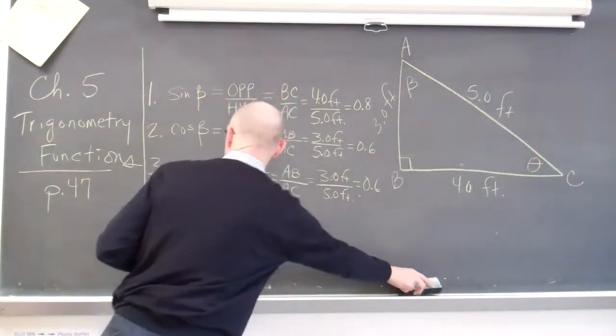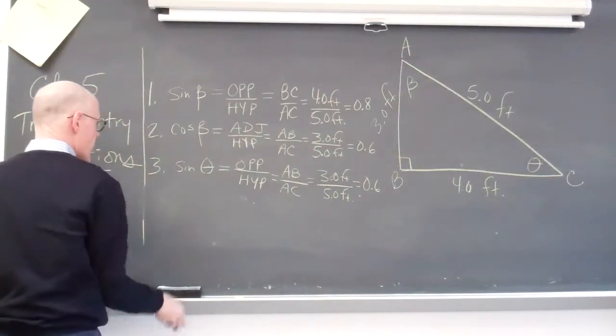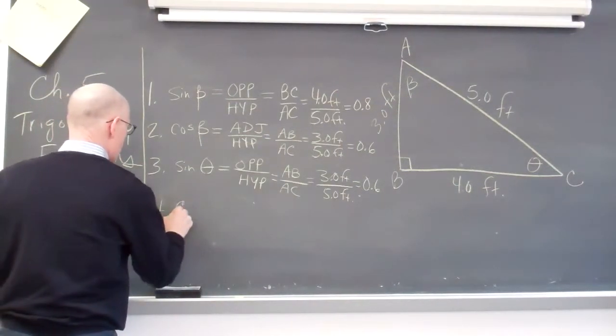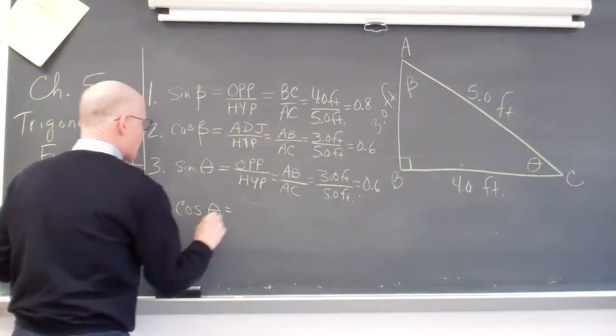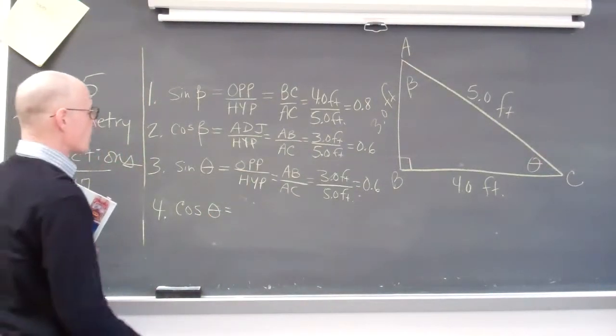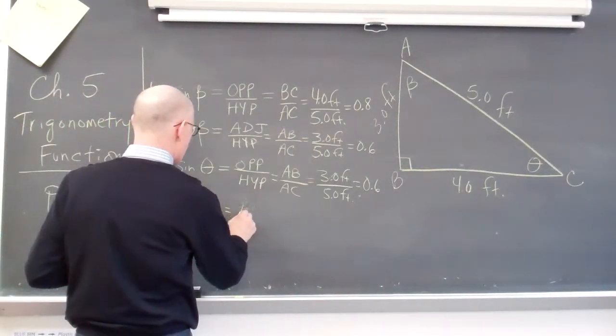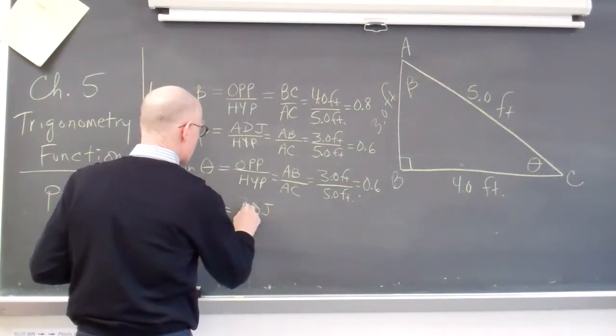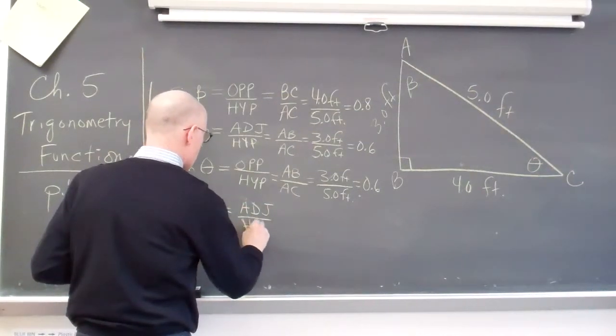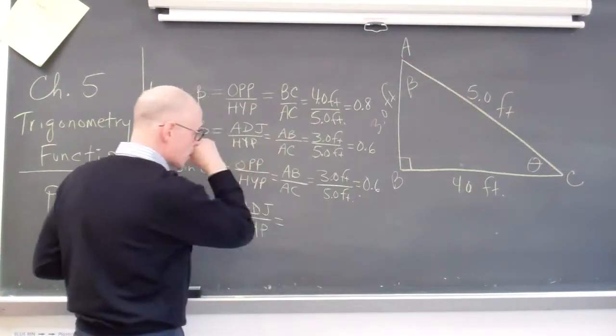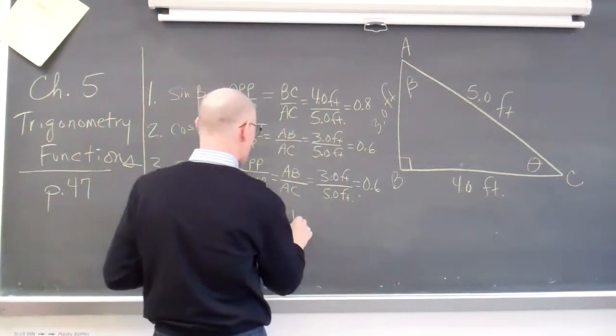And then finally, give myself a little more room here. Cosine of theta then would be the adjacent side divided by the hypotenuse. Adjacent side would be side BC.